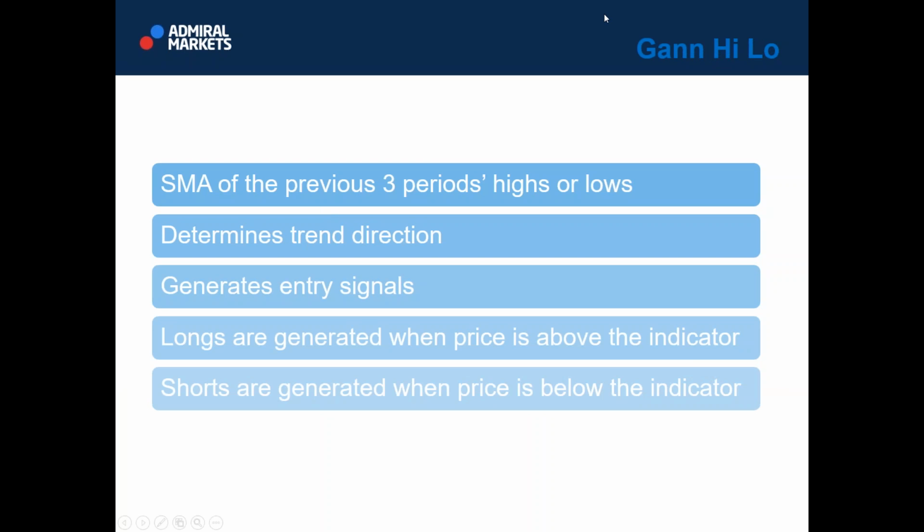So what is Gann high-low? Basically it's an indicator, and the name Gann high-low was derived because there was a system that used Gann square lines, Gann trend lines, Gann numbers, and then there was an indicator that was called Gann high-low.